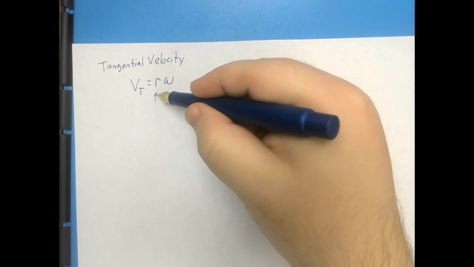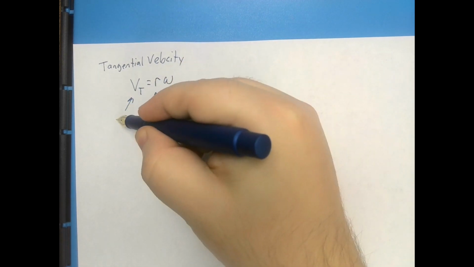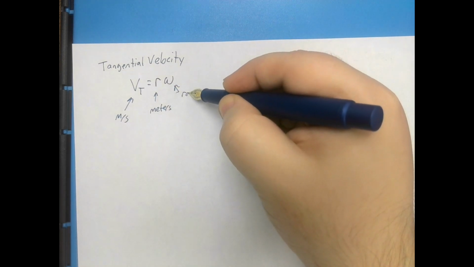Radius is in meters, velocity is in meters per second, and omega is in radians per second.